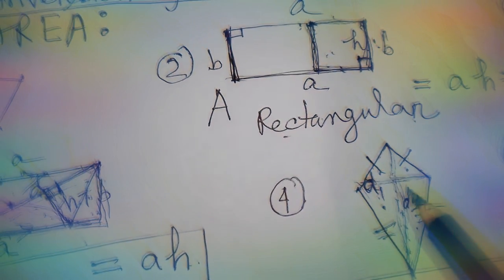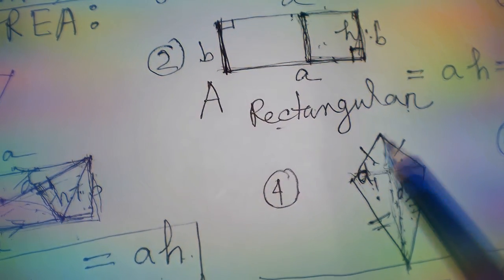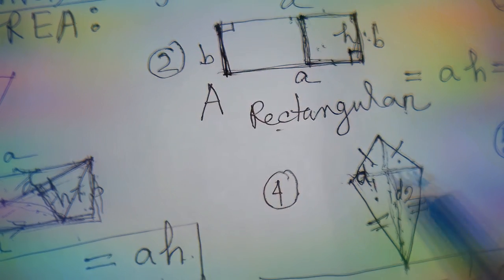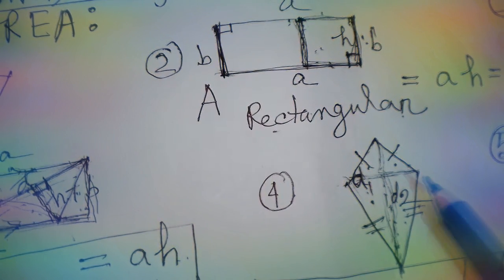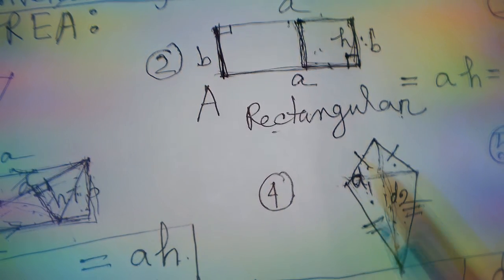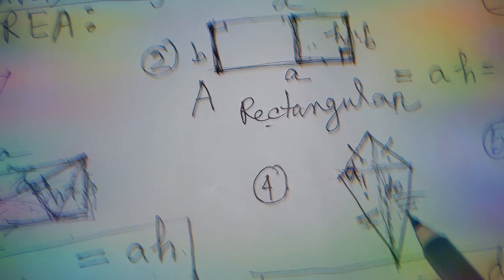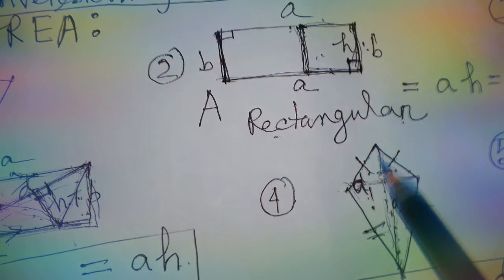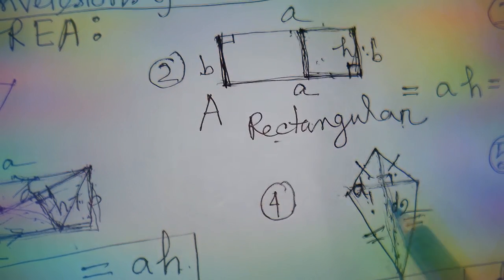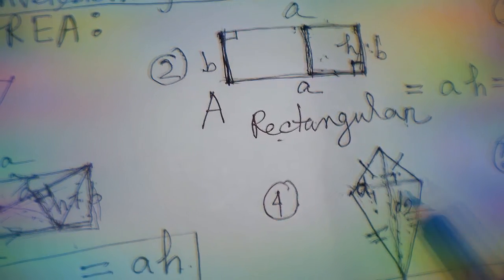So what happens? These diagonals intersect perpendicularly. So this is 90 degree because they intersect perpendicularly.